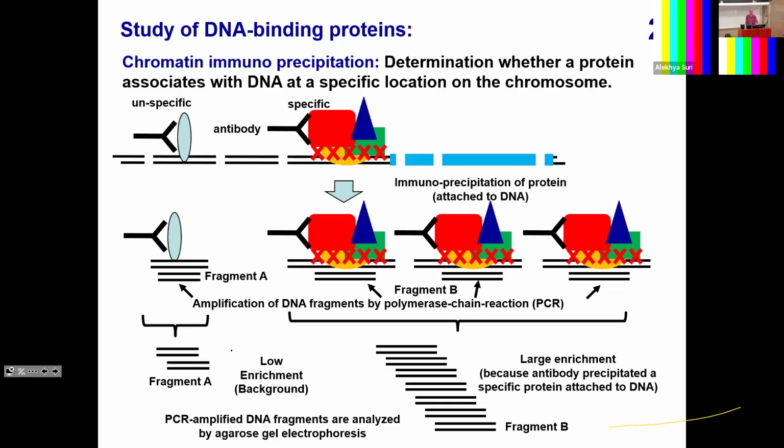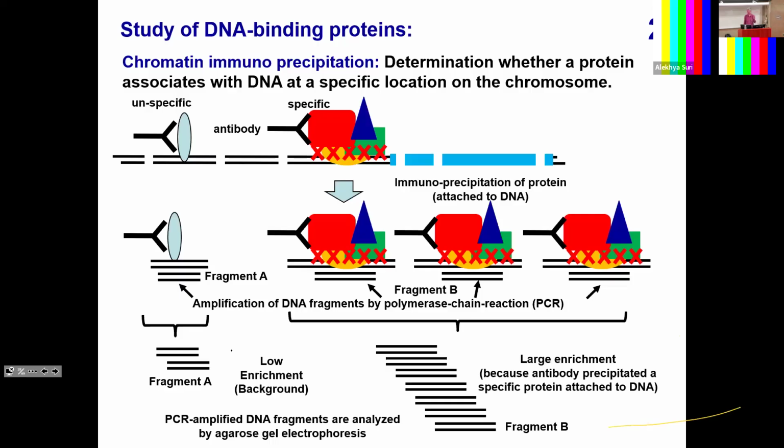And so you would do an immunoprecipitation. So you add this antibody that will recognize a specific protein in this mixture. You would identify this, so the protein is still linked to the DNA.